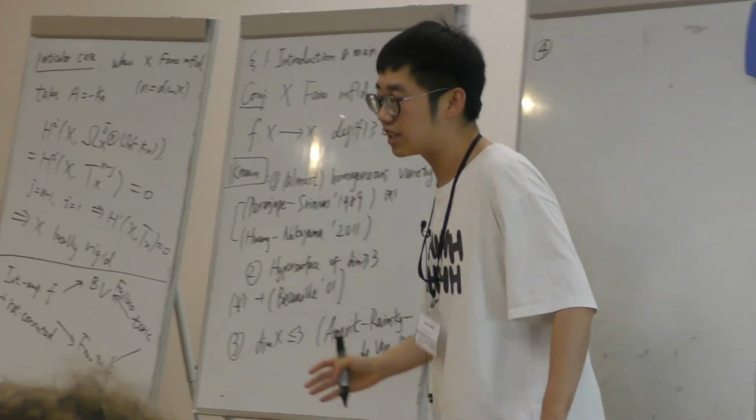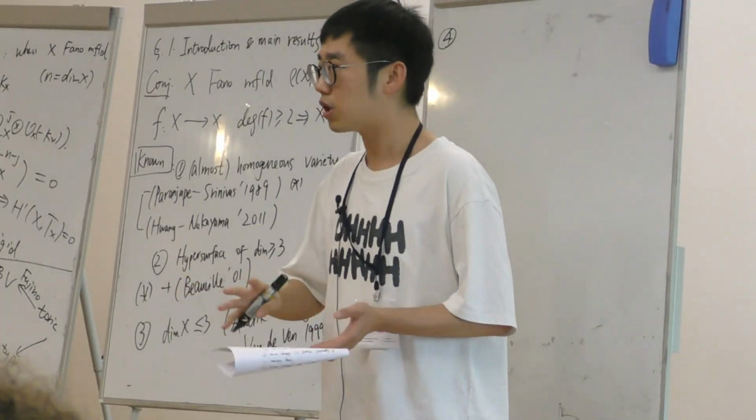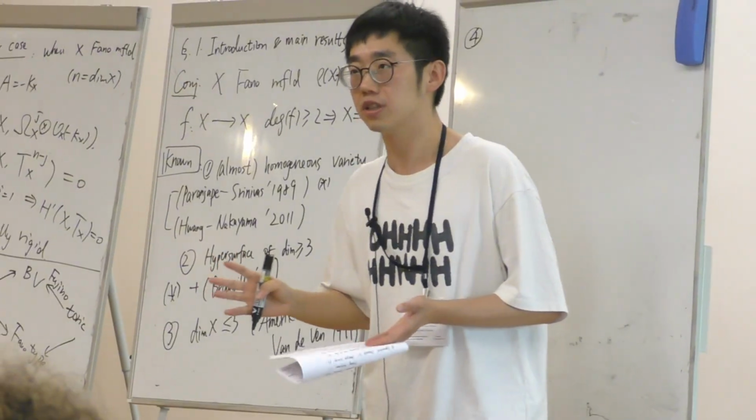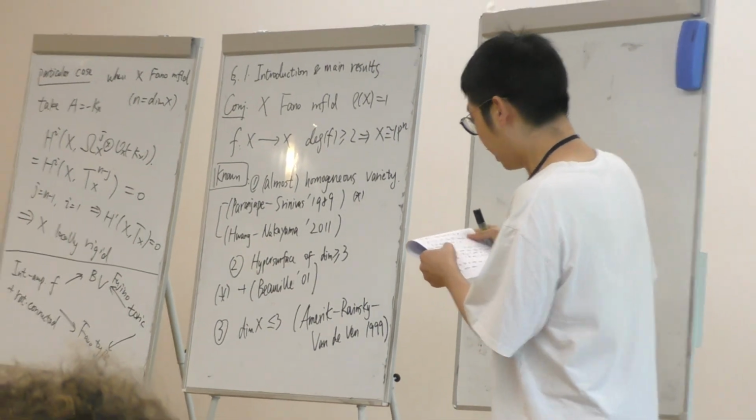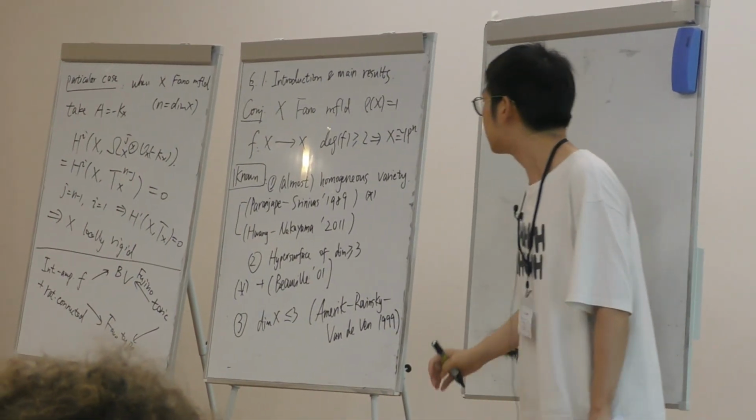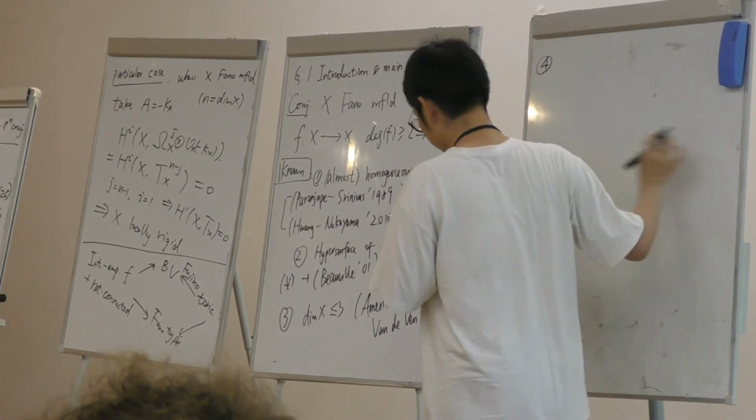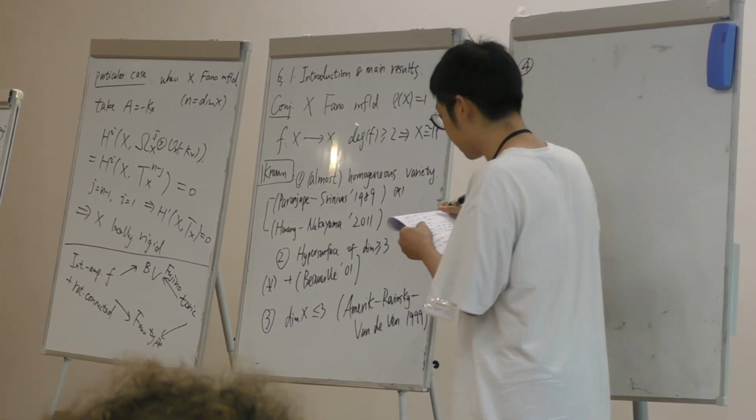Yeah, for this proof, they carefully used the rational curve theory on the Fano threefold. And also, some general statement in arbitrary dimension is due to Jun-Muk Hwang and Ngaiming Mok.